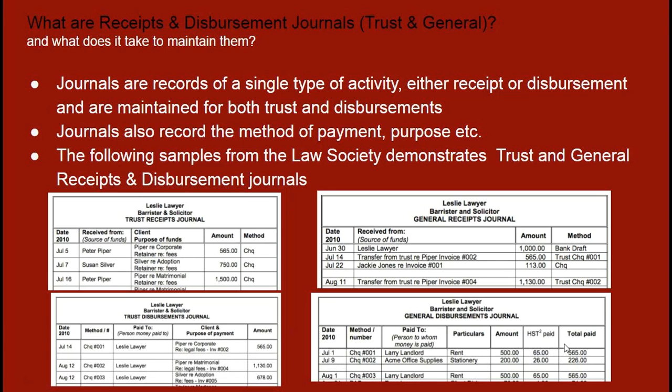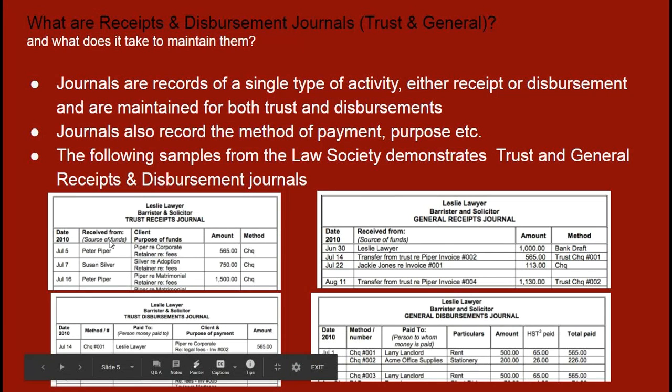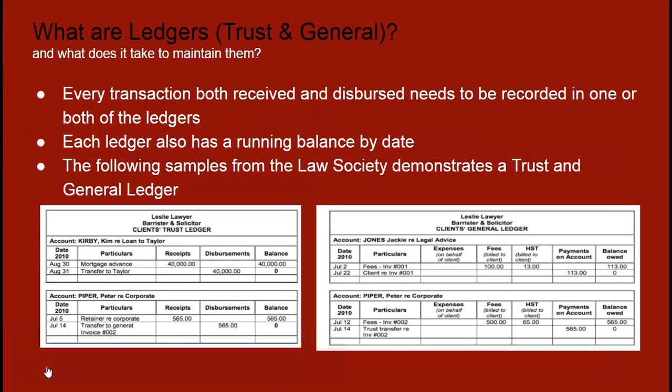So a ledger tells an overall summary. The journal has both a receipt and a disbursement: receipt when you're getting the money in, disbursements when money is leaving the account, for both trust and general. So let's take account.